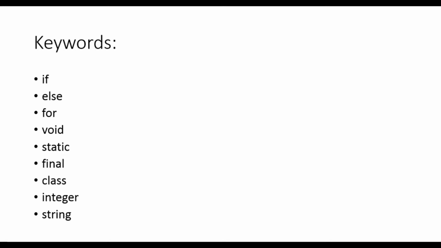These keywords are given for a specific purpose. If, else we have, then for loop, then void is a return type. We have static, final. These are all defined for a specific purpose. We can't use these as reference variables.